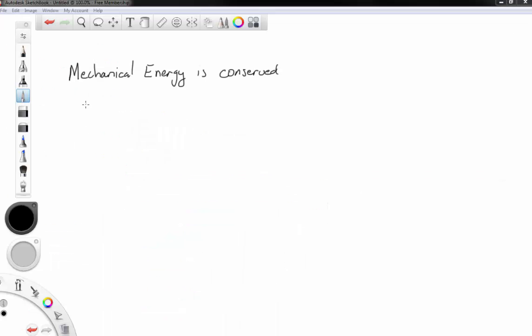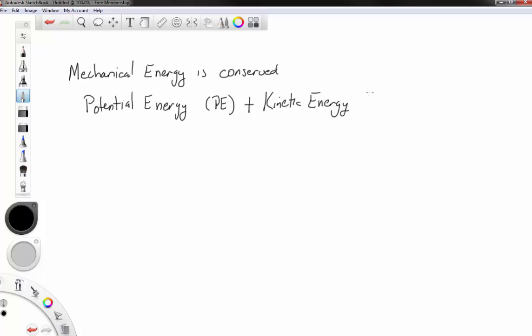What this means is that for both stones, the potential energy, which we will write as PE so I don't have to write potential energy each time, plus the kinetic energy, KE, when added together, are constant. So this total quantity of potential plus kinetic energy is not changing.